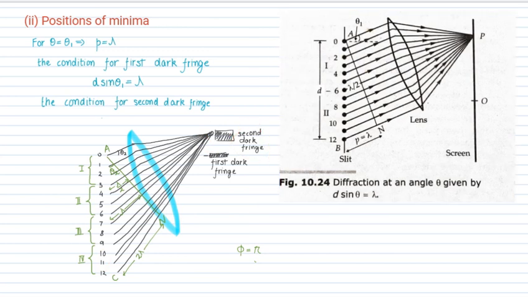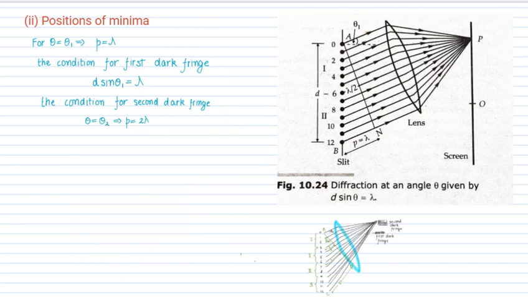Fine. Or for simplicity, you can simply assume when your angle theta equals theta 2, in that case the path difference will be how much? 2 lambda. And at this 2 lambda, what happens? You will get another dark fringe. This dark fringe is known as your second dark fringe.